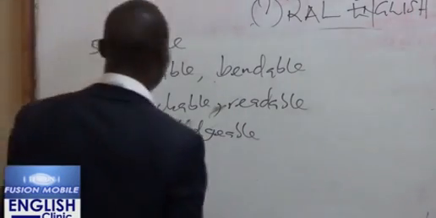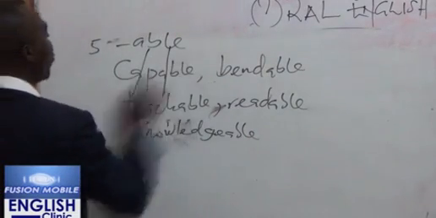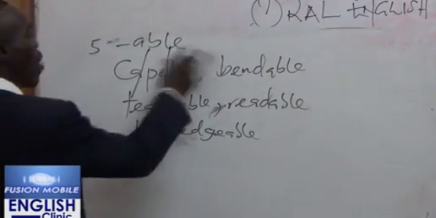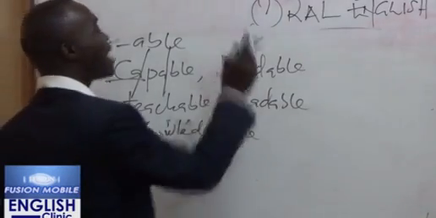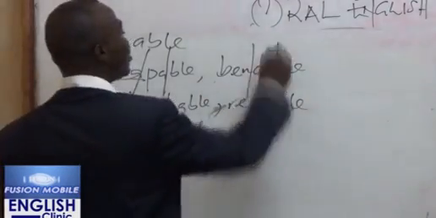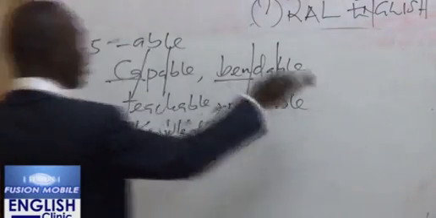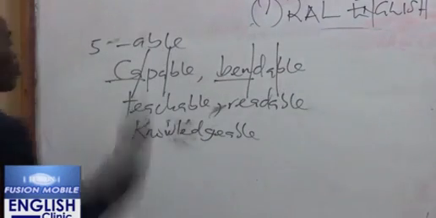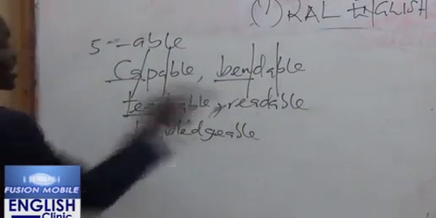So, how many syllables do we have in the word capable? What is the third from the last syllable? 1, 2, 3. And that is ca. In the word bendable, we have 3 syllables again. The third from the last syllable is ben. Teachable, we have 3 syllables, and the third from the last syllable is teach.